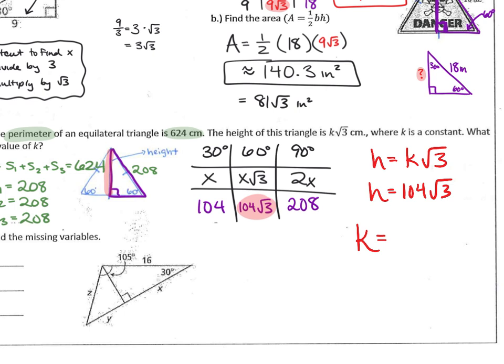So what is k? It's just 104. Because it's just asking, essentially, what number is in front of this square root of 3? Because these both have the square roots of 3, that means k is just 104, if those are both the height of my triangle.